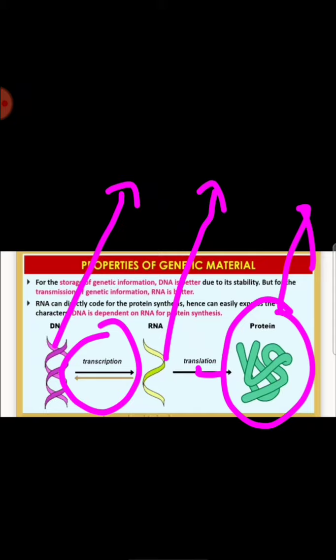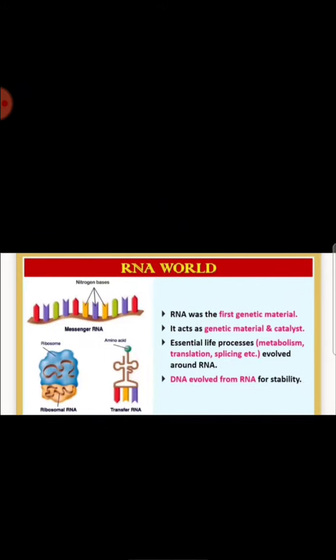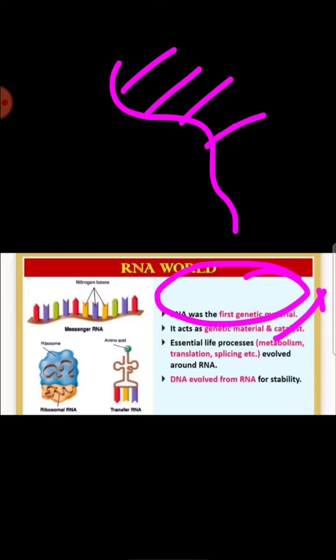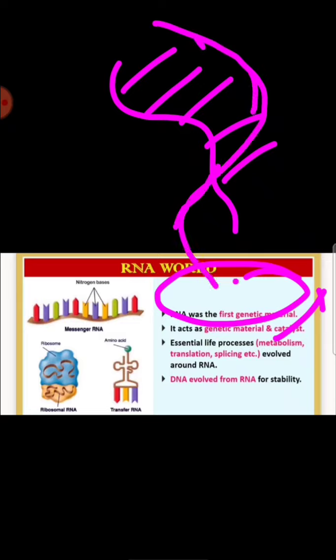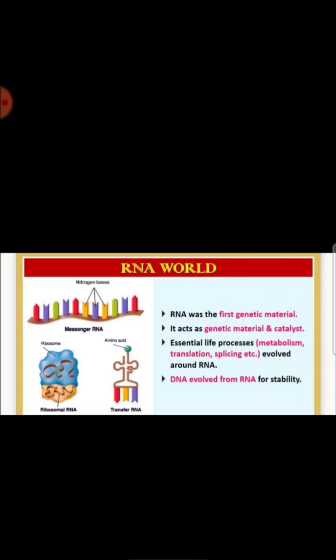How it is done we will study one by one. You just have to know that RNA was the first genetic material, and this RNA acts as the genetic material as well as a catalyst. But RNA was unstable, so to make it stable, the complementary strand and everything got evolved, and then DNA evolved from RNA to get stability.